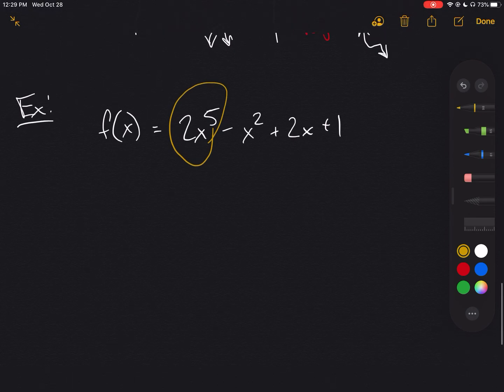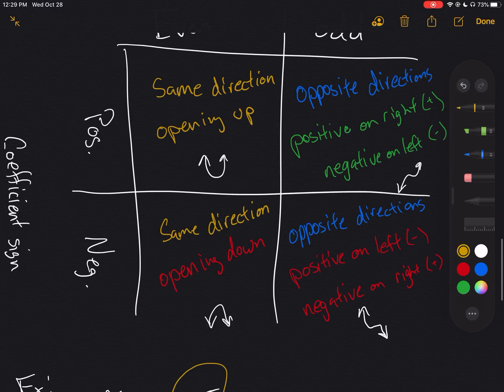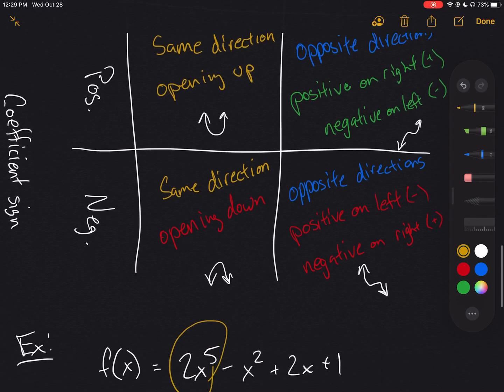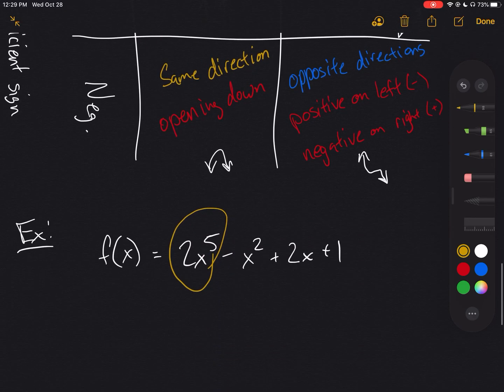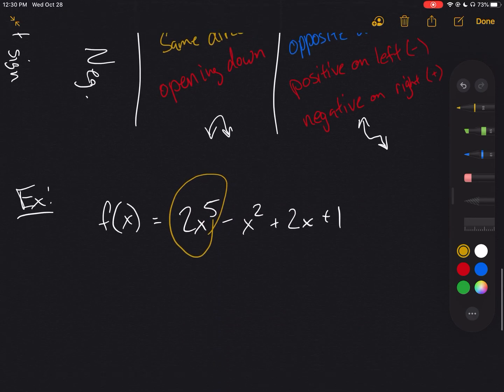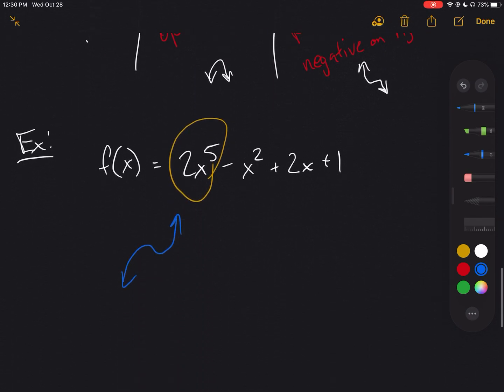It's an odd degree. So we're looking over here at this column, it's odd, which means it's going to end in opposite directions, and then it's a positive 2, so it's going to be opposite directions going up on the right and down on the left. So if you wanted to, you could give a little sketch. Maybe it looks something like that. And then we could say opposite direction.